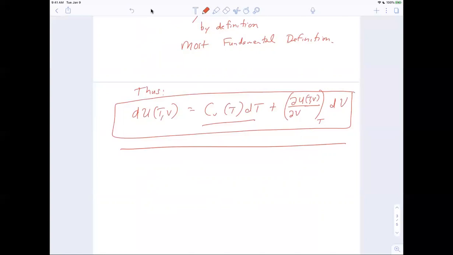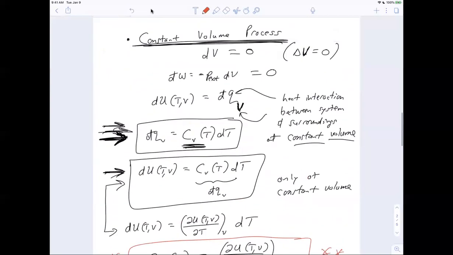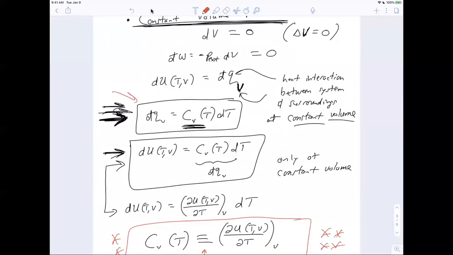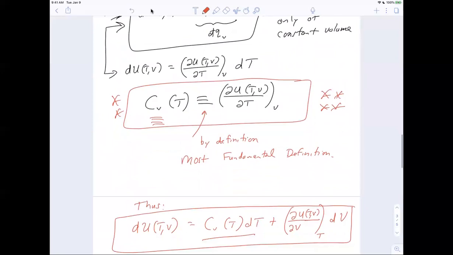As I said, CV is something that we can obtain experimentally, because it's phenomenological. We have this relationship that allows us to get CV of T. Experimentally, we can actually do experiments to arrive at a value for that as a function of temperature.